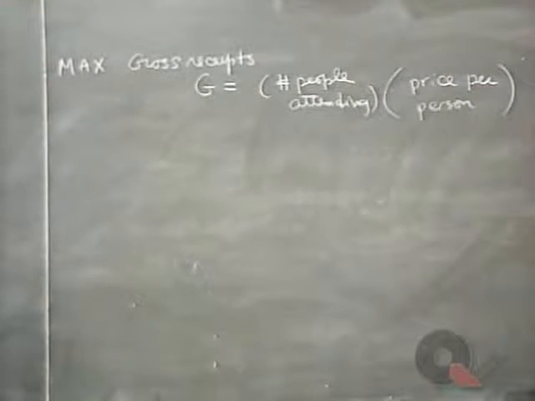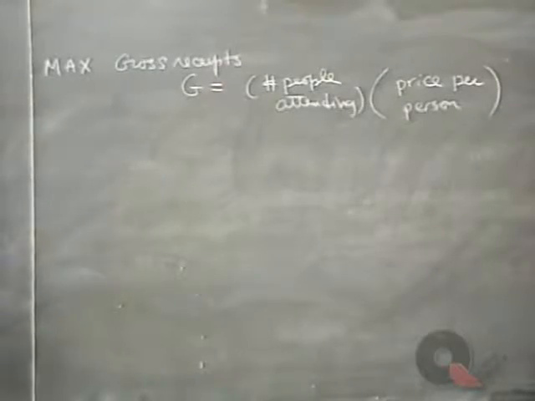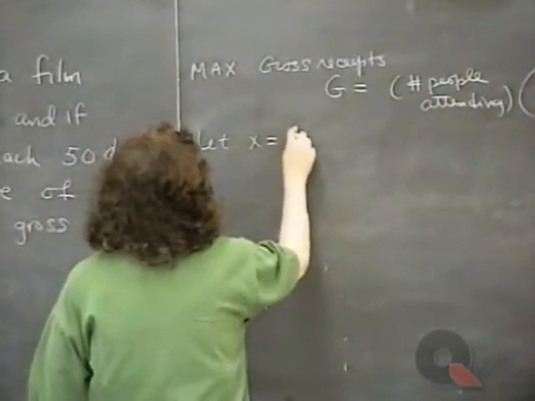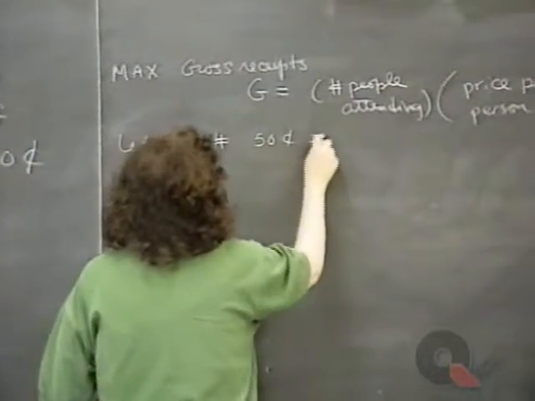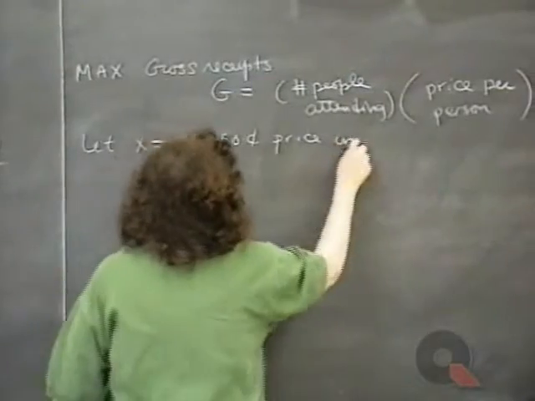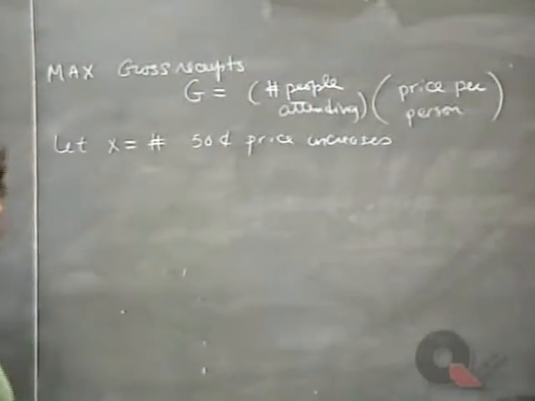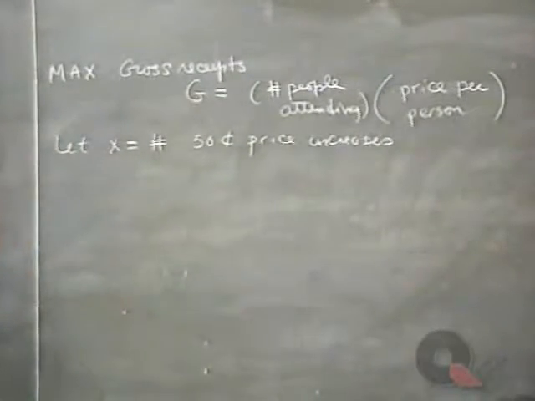Now we're interested in, of course, representing G in terms of only one variable, and then we can proceed as we usually do. What I'm going to do is let x equal the number of 50-cent price increases. This will make the problem a little bit easier to solve.